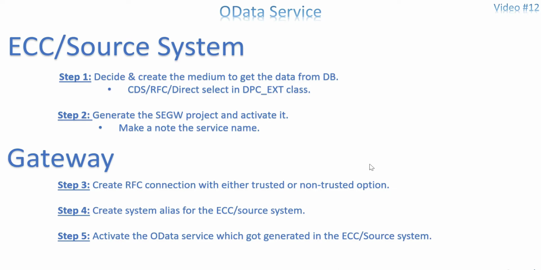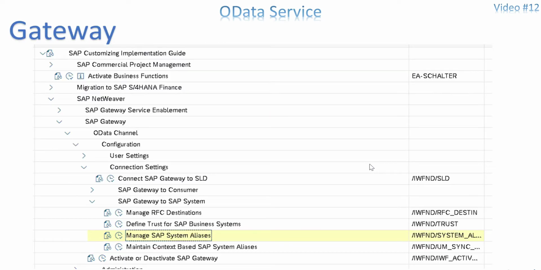Before that, one more slide. So this is SPRO. Normally we use it to do the configurations, right? This is the SPRO path where you have to create a new SAP system alias. You have to go to SPRO, SAP NetWeaver, SAP Gateway, OData Channel, Configuration, Connection Settings, and SAP Gateway to SAP System.